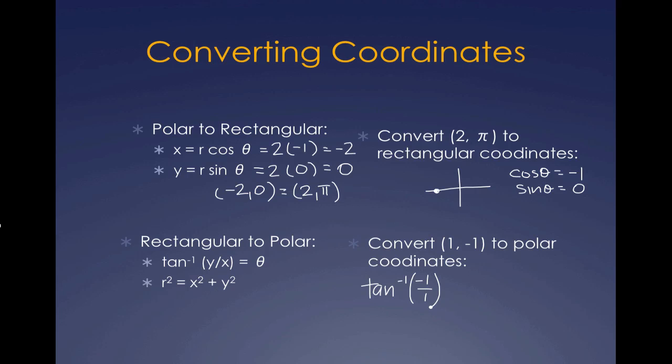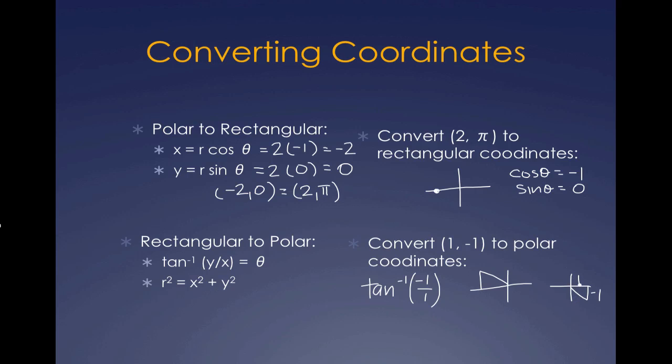You're going to need to look at your unit circle for this, or figure out exactly where this is. We're going down -1 units and over 1, so it actually would be over here. Because we want -1 for our y and a +1 for x.